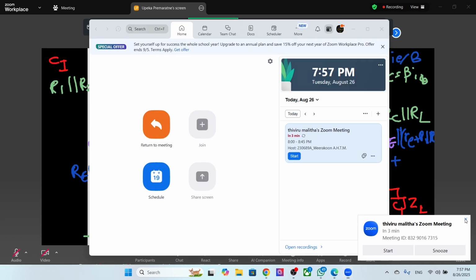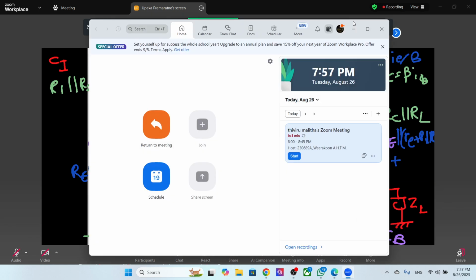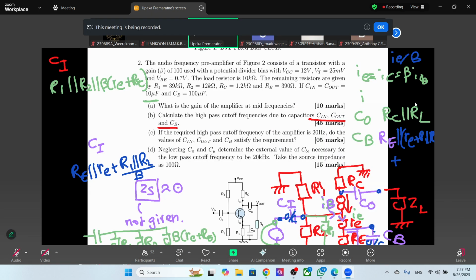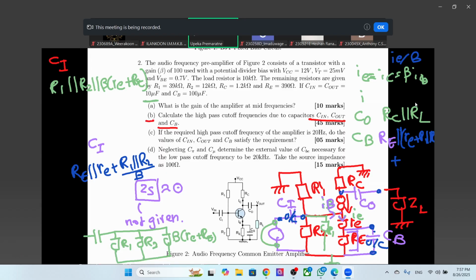Right? So here, now the important part in part B, we have to calculate the high pass frequencies. We have done that before. We are given the high pass frequency of 20 hertz.